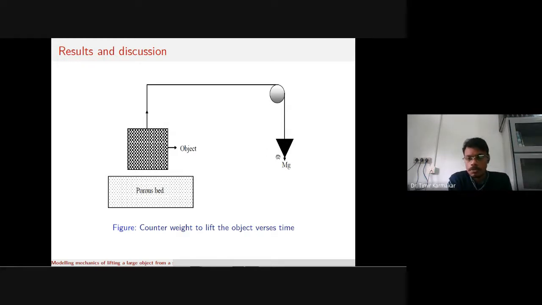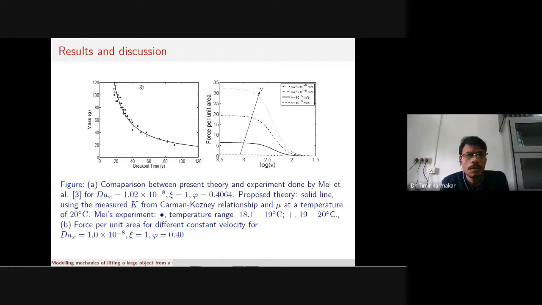Some experiments have been done by May, and we have compared our result to May et al, and this shows a good agreement. And this is the force per unit area or the breakout force. Our aim will always be how we can reduce this force per unit area or the breakout force.